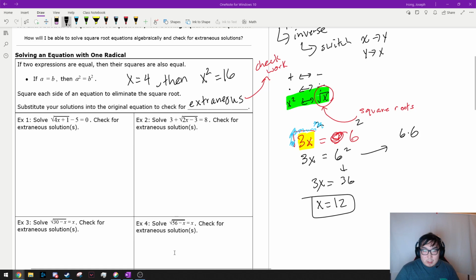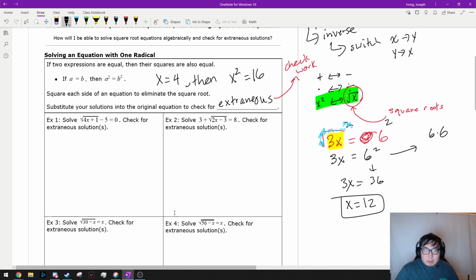Okay, so let's try example 1. Example 1 says solve the square root of 4x plus 1, minus 5, is equal to 0. Check for extraneous solutions. I'm going to rewrite this problem real quick: the square root of 4x plus 1, minus 5, is equal to 0.